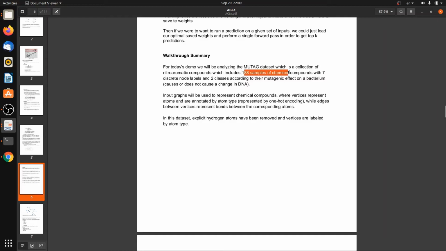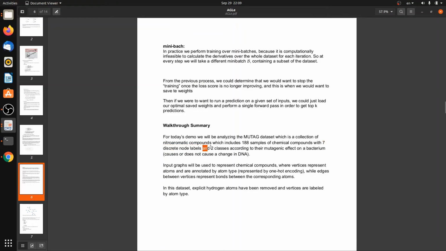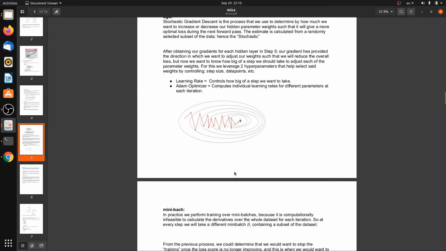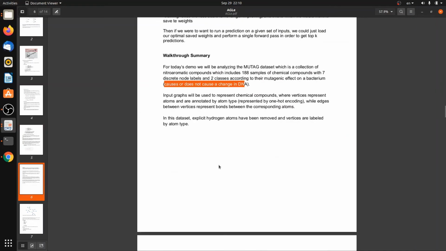Each graph is labeled with seven discrete node labels, which is the atom annotation. And then there are two classes at the end, which say: is this mutagenic or non-mutagenic? Which means, does it cause or not cause a change in the DNA to whichever it's applied? So remember, if we go back here, it's going to have two output parameters at the end.